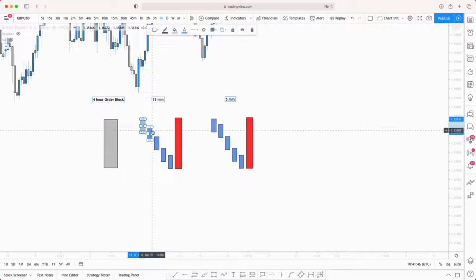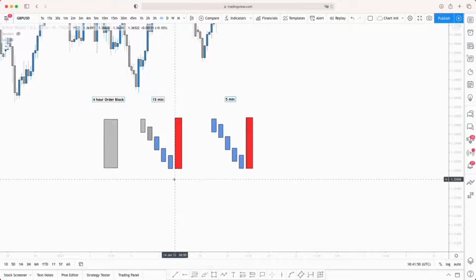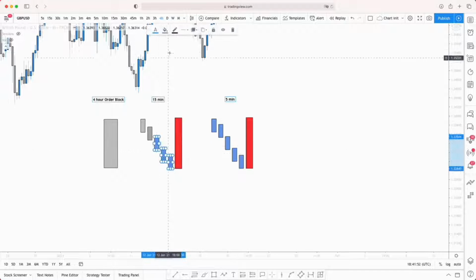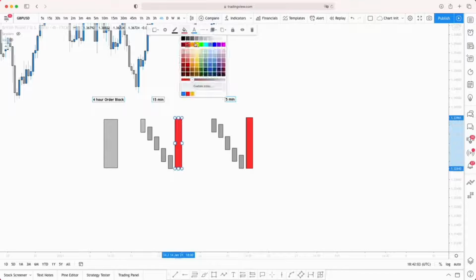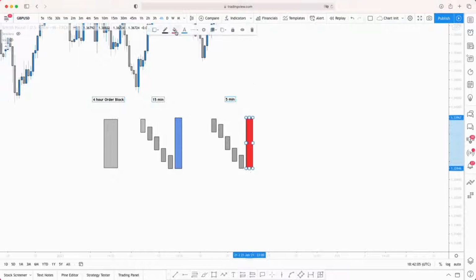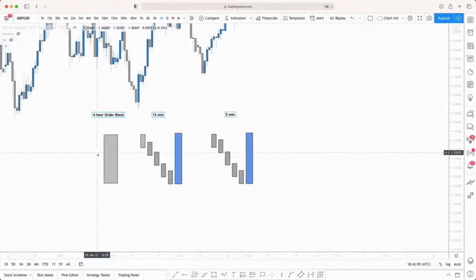Okay, and then these are going to be blue candles for me to match the charts that I'll be showing you. So we know that within this 4-hour order block, we've got 15-minute candles and we've got 5-minute candles.